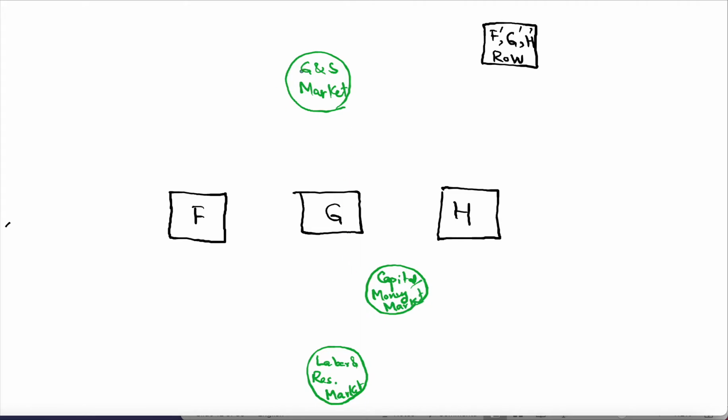So the green circles, we have three major markets. Actually, this can be split into labor market, then land market, then other raw materials, such and such, but we put them all in one. Only we separate the money market.